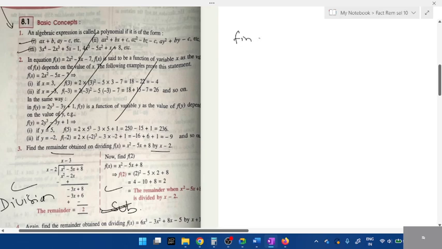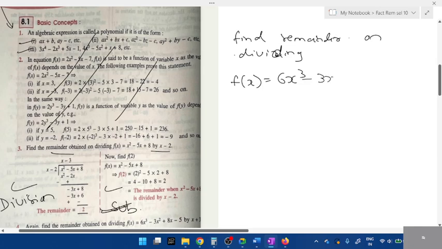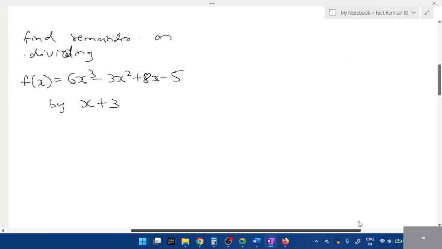Find a remainder on dividing minus 5 by x plus 3. So use both division and substitution.